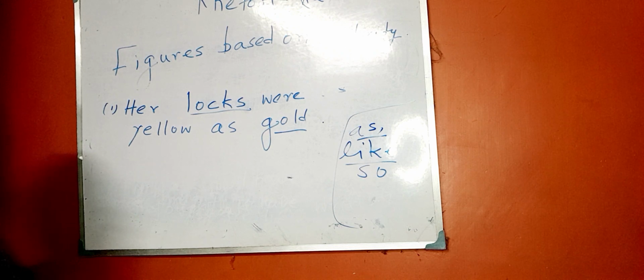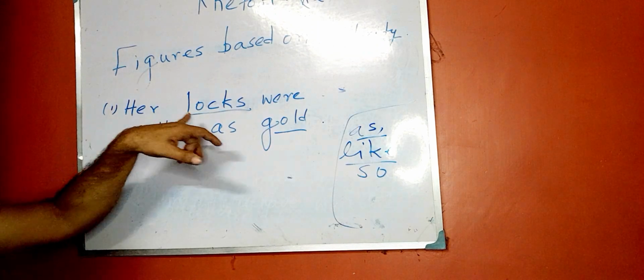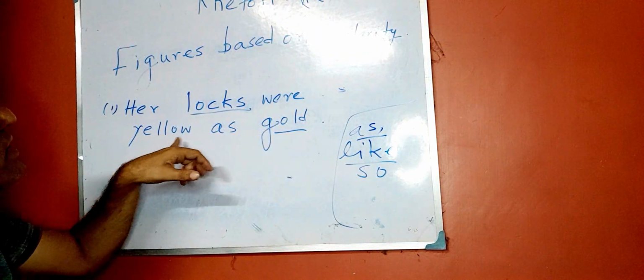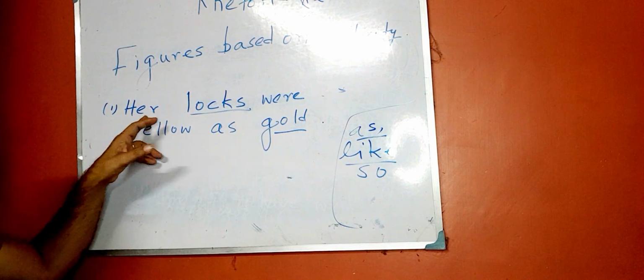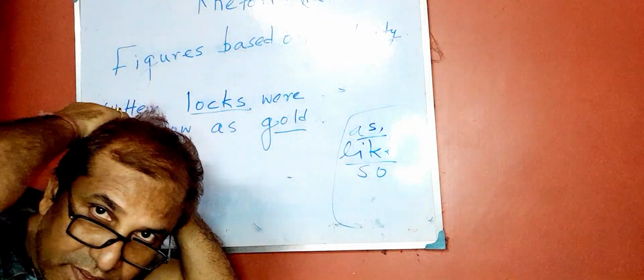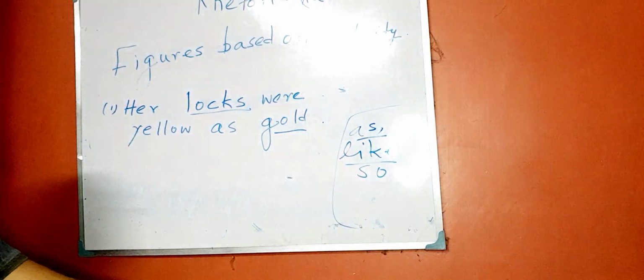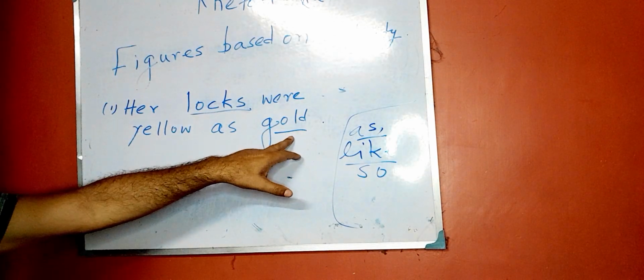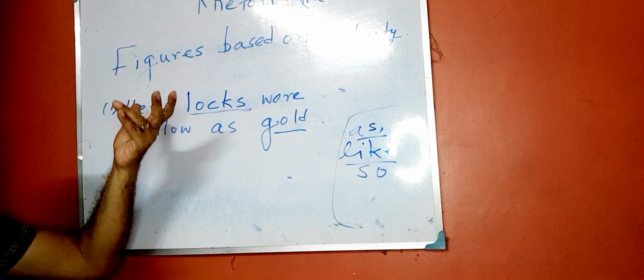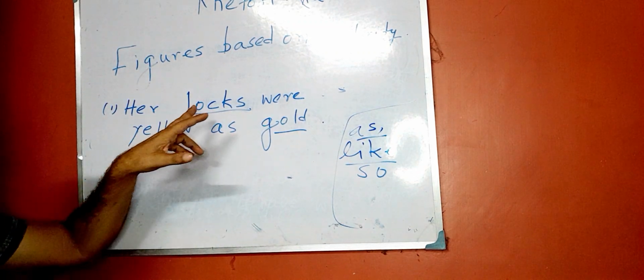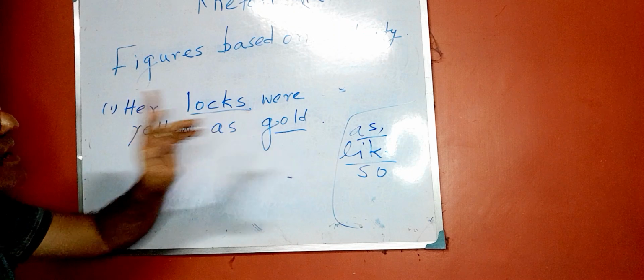As has been pointed out, her locks were yellow as gold. What is the comparison? Her locks here, gold is a different one, and locks are also different. They are two unallied objects.